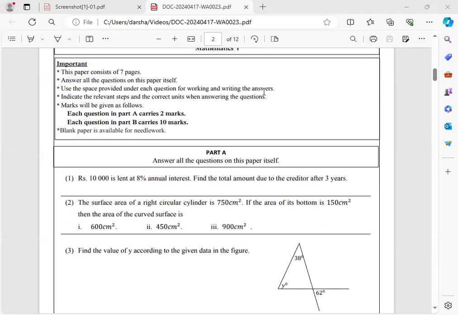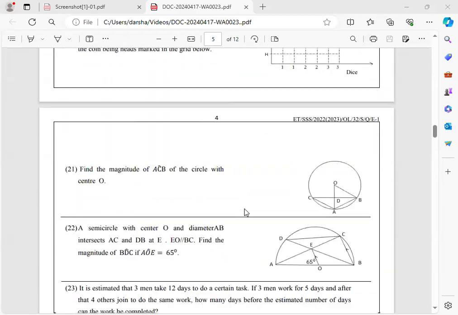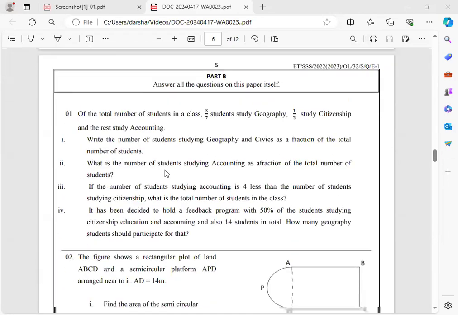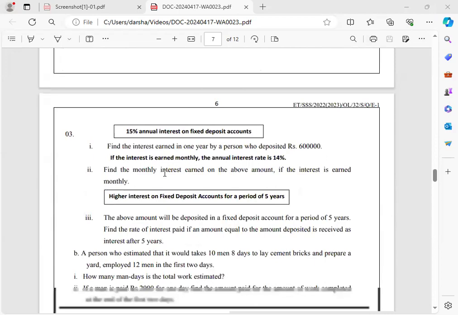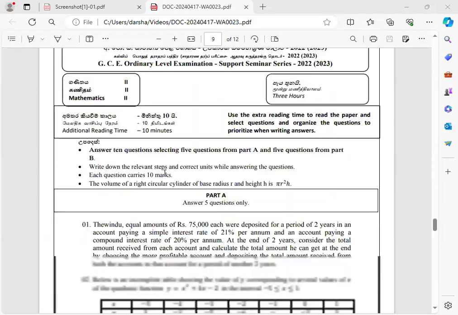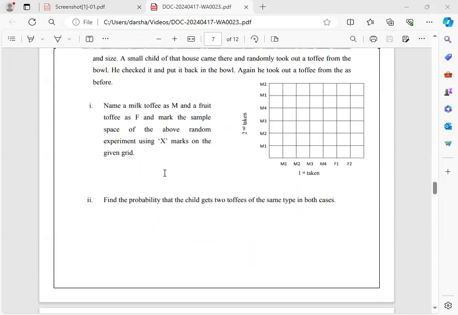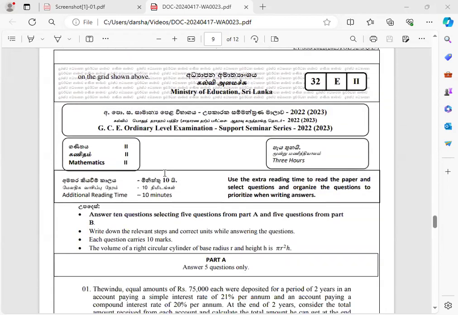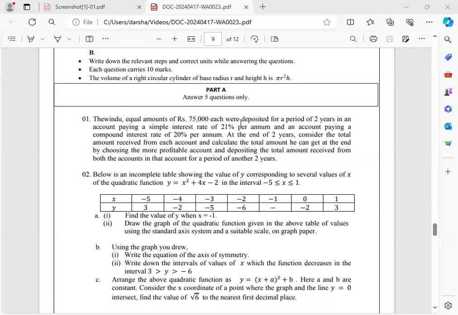Normally, in the O-level paper, you will get 25 short questions, then 5 big questions, that is part 1 and part 2. Then in part 3, we have 12 questions altogether.